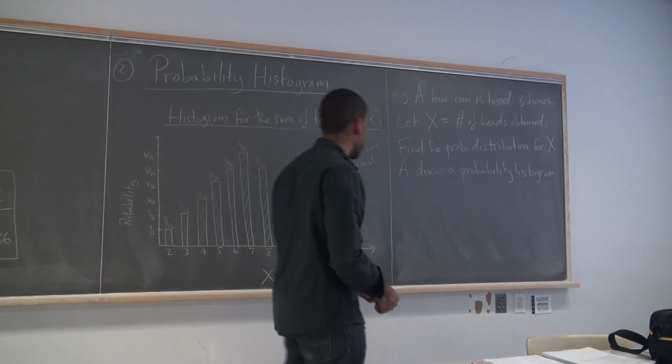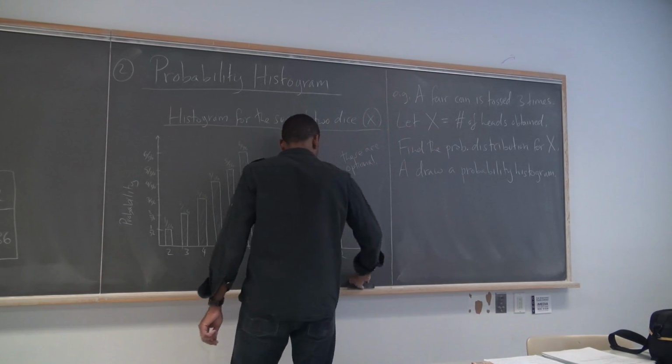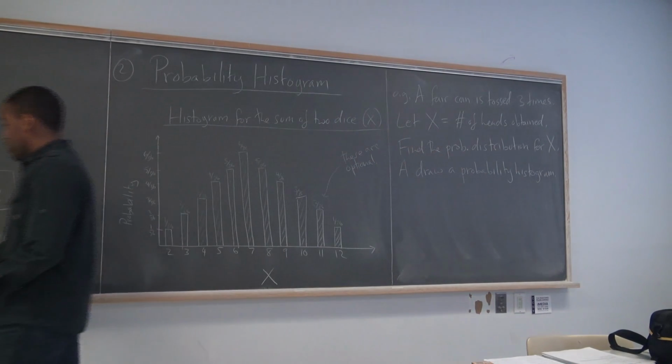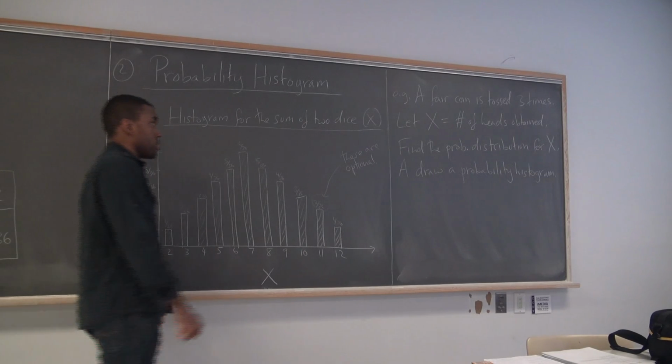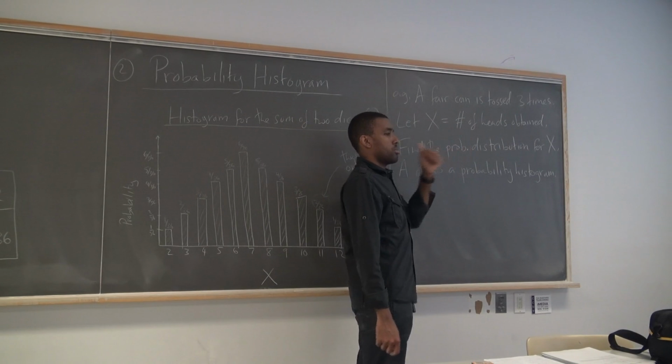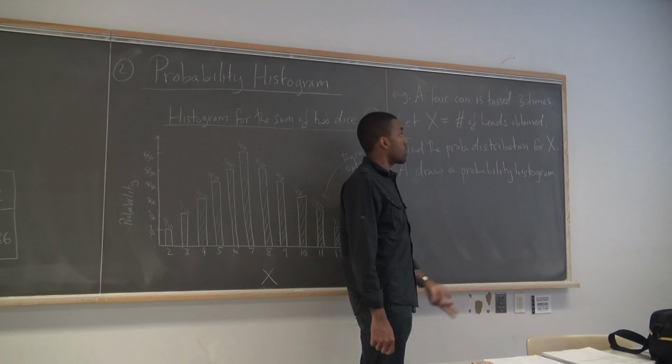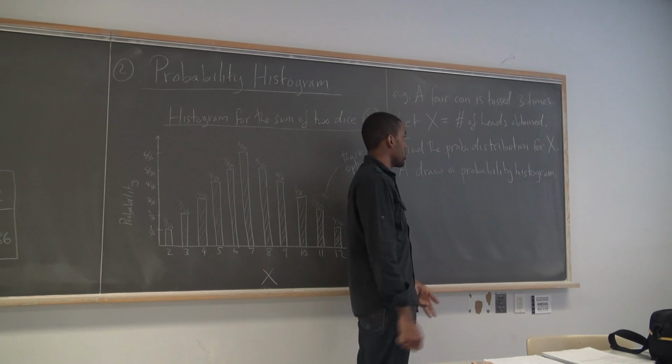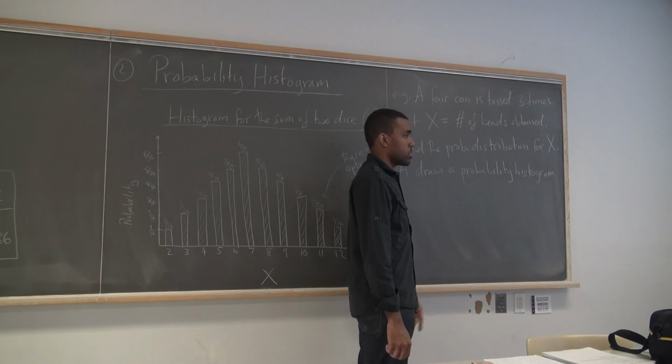That's something I should mention. How do we know that x is a discrete random variable? Well, the number of heads can only be certain values: none, 1, 2, 3, or 4. Right? Can only pick from those values. And in every set of tosses, it can only take on one of those values.